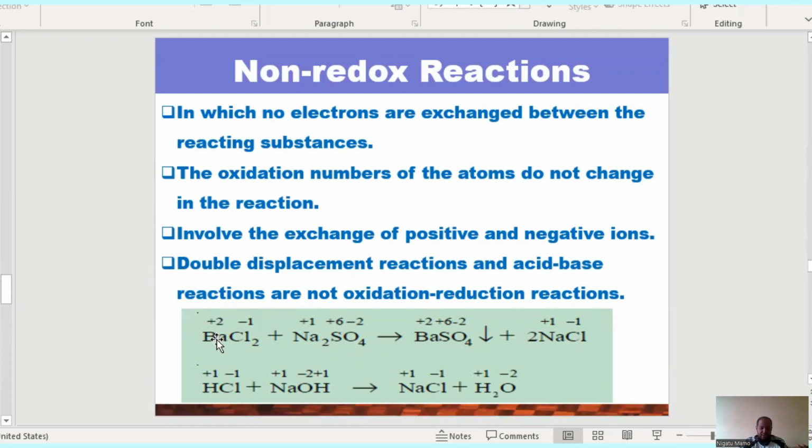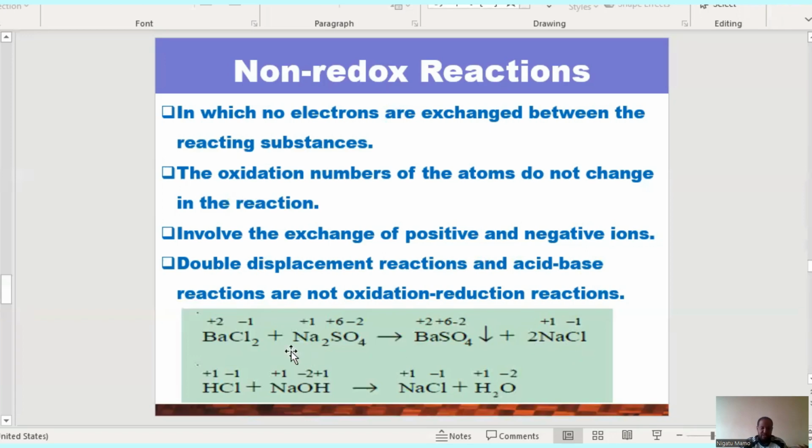For example, this is the reaction between barium chloride and sodium sulfate, the reaction between salts. Okay, produce barium sulfate and sodium chloride. Barium oxidation state +2, barium in the product side oxidation state +2, no change in oxidation state. The oxidation state of chlorine on the reactant side is -1, and on the product side is -1, no change.